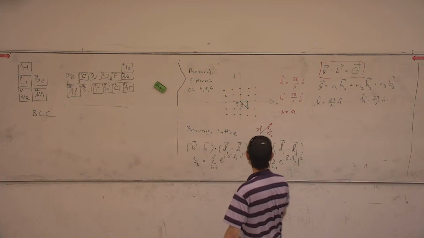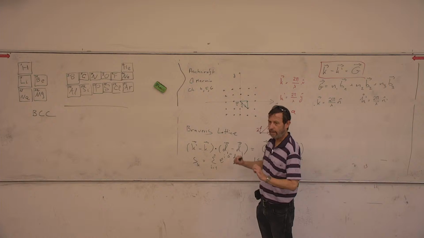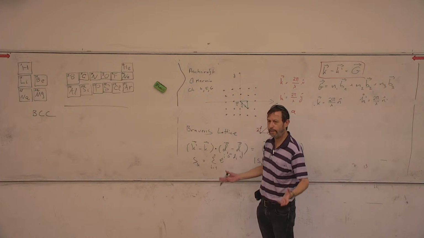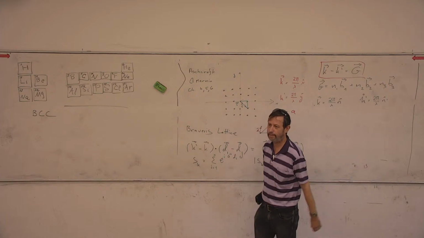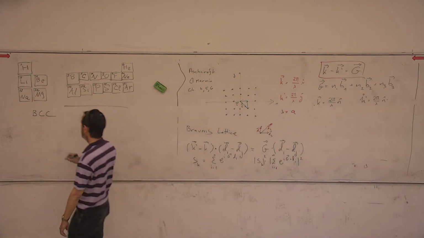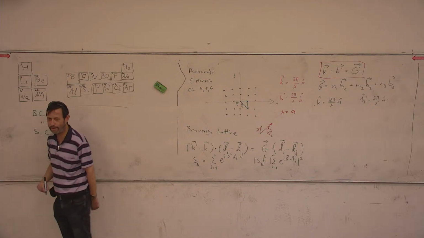You find G, you find D? Yes. Okay, so now you're looking at me and asking, BCC is a lattice, right? But I'm lazy. I don't want to do BCC. I'm telling you, BCC is equivalent to a simple cubic.